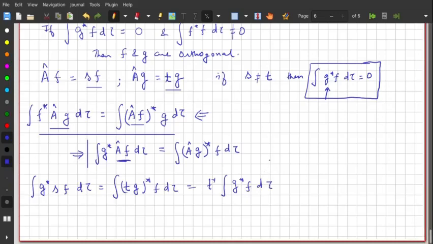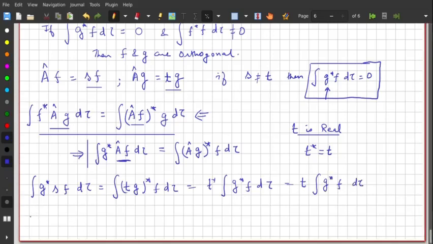Since this is an eigenvalue problem, we know that t is real from the previous property of Hermitian operators, and A is a Hermitian operator, therefore t star is the same as t. So this becomes just t times the integral of g star f d tau.